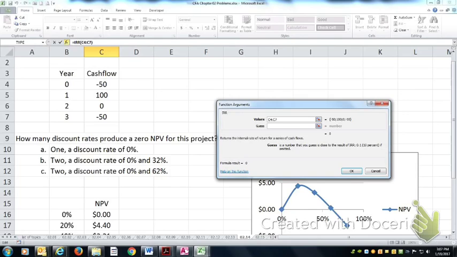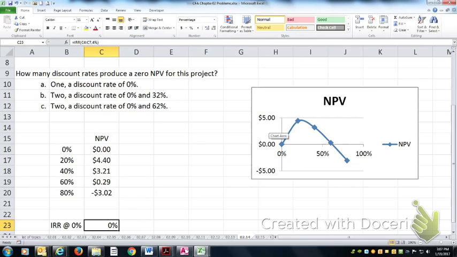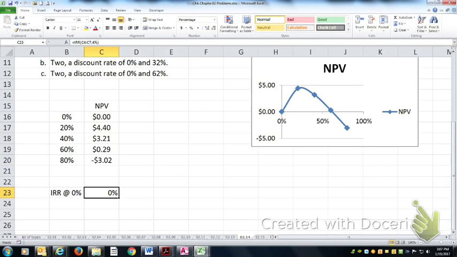And then there's always a second guess. Now Excel defaults to 10% as its guess, but if you put, say, 4% in here, then it's going to calculate the closest IRR to 4%, and the closest IRR is 0.